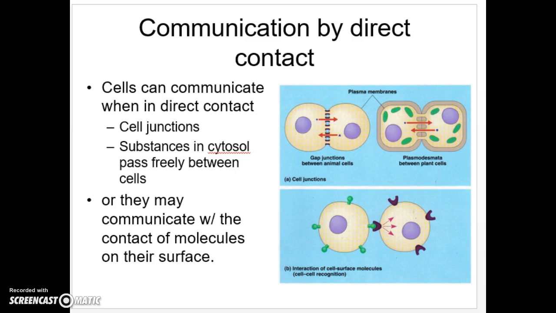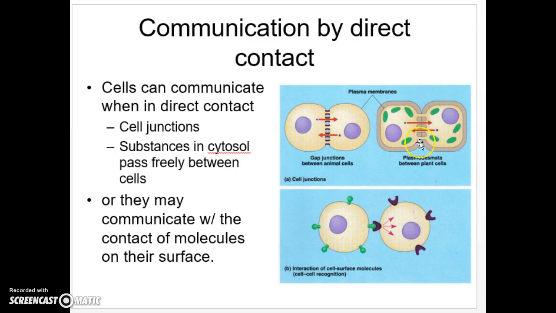They're very tiny channels, between 1.5 and 2 nanometers. These allow that free passage between the cells of ions or small molecules, nutrients. The junction is actually a cylinder made out of proteins called connexins. Kind of makes sense. They connect.